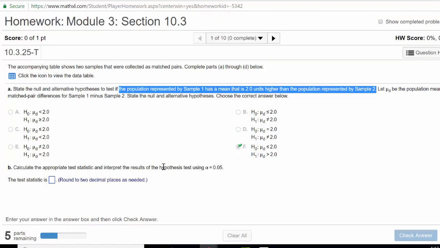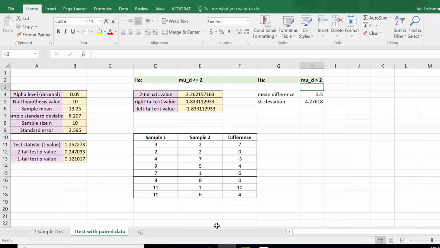Calculate the appropriate test statistic. We need to make sure we use the correct alpha level, so that's 0.05. That's already here. The null hypothesis value is 2. Sample mean, I'm just going to say that's 3.5, right? So I'm copying my sample mean from here.